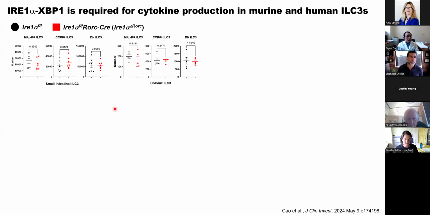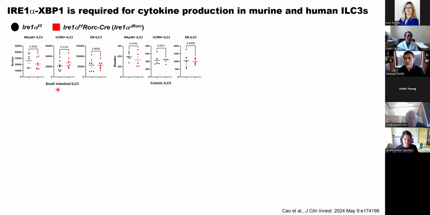And next, in order to look at the functional role of IRE1 XBP1 in ILC3s, I generated conditional knockout mice by crossing IRE1 alpha flox mice with Rorc-Cre mice. At steady state, I looked at the numbers of the three subsets of ILC3s, including NKp46 positive, CCR6 positive, and double negative ILC3s.